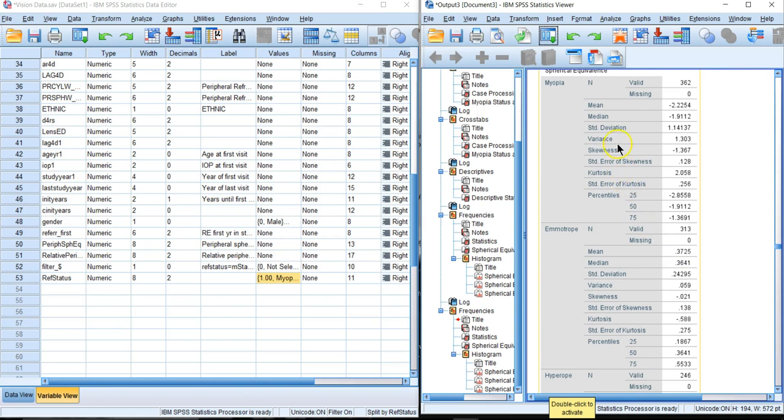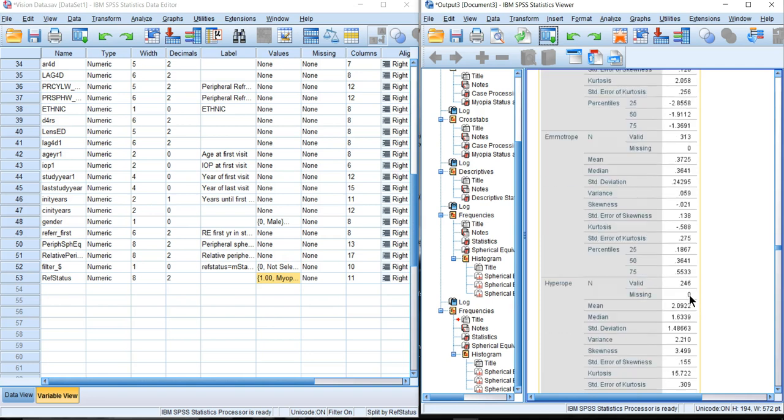Skewness. What is skewness? Minus 1.367. The myopes are a little skewed to the left. That means that there are some big myopes in our group. Notice skewness for emmetropia is not very big, 0. So no skewness at all is 0. A normal distribution has a skewness of 0.